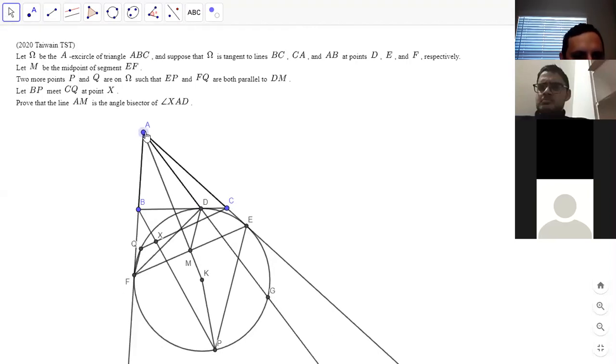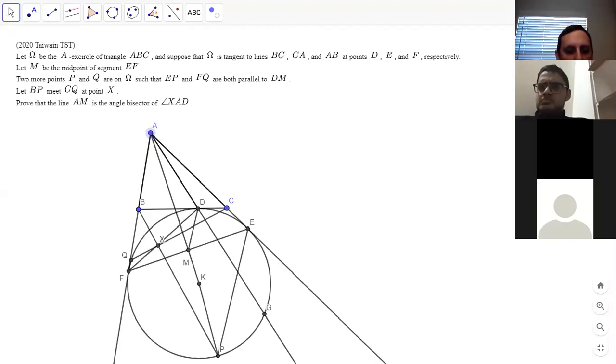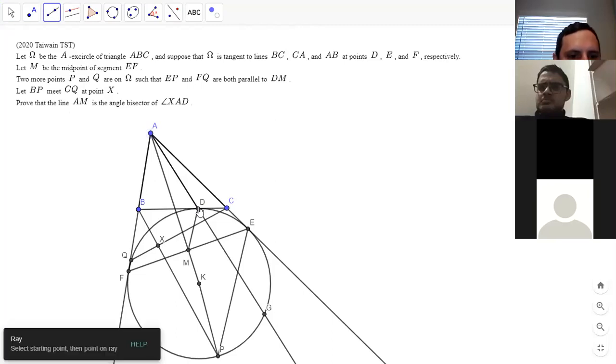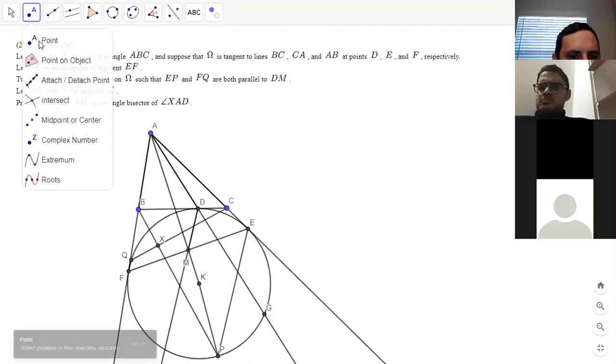No, they're not true. Can you intersect DM and the excircle the second time? DM, yeah. There we go.